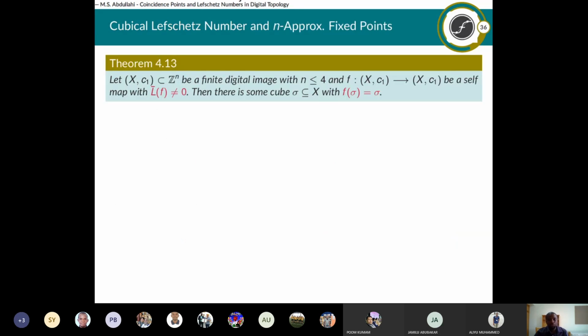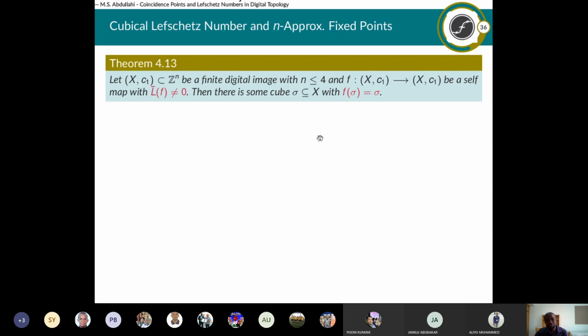Similarly, the target is to consider studying fixed points. But it happens that although for any cubical Lefschetz number that is non-zero on an image X, we can always have some cubes that are fixed, this does not guarantee us to have a fixed point, or also does not guarantee us to have an approximate fixed point.